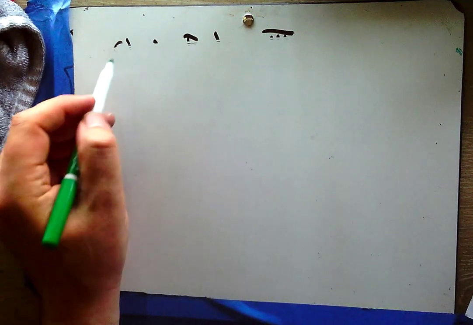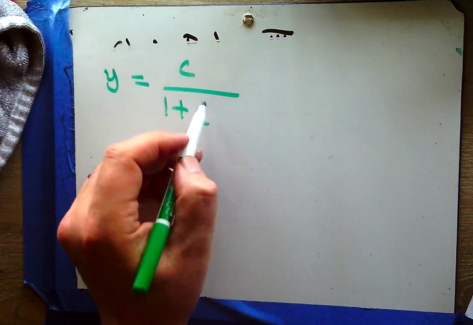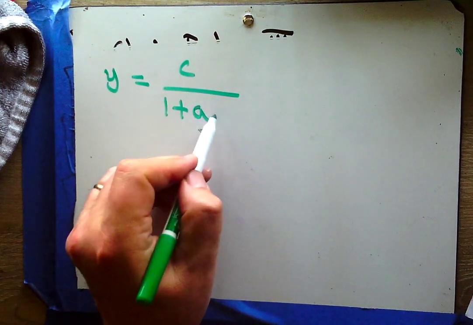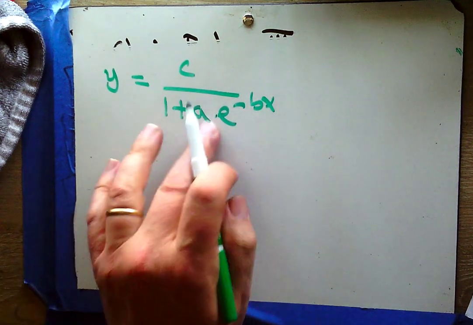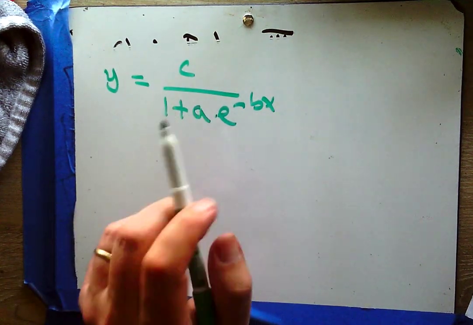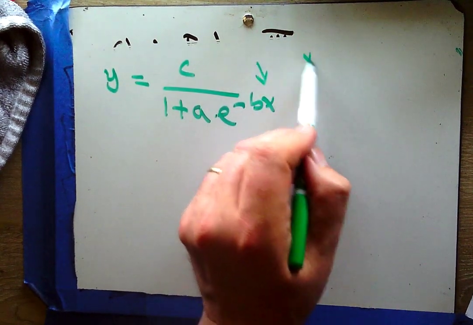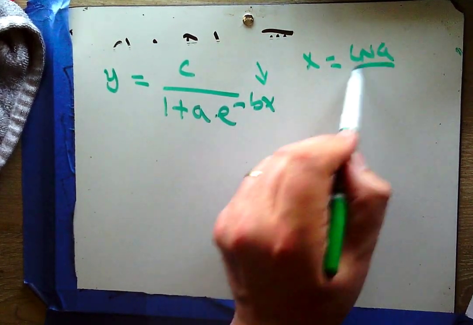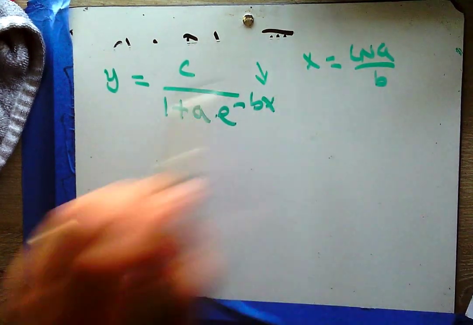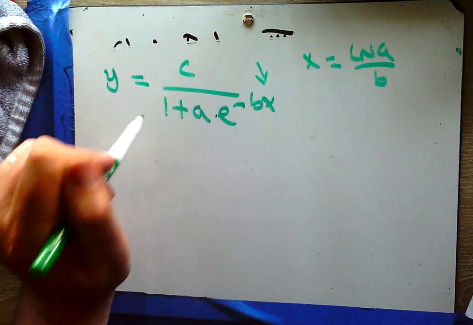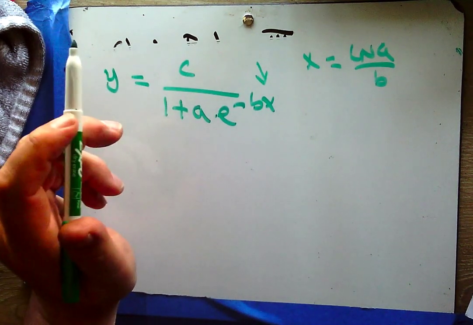Now I want to go back to y equals c over 1 plus a times e to the minus bx. And I want to take this x and replace it with what we just found, ln of a over b. So it's at this x value that y double prime is supposed to equal 0, perhaps even an inflection point.